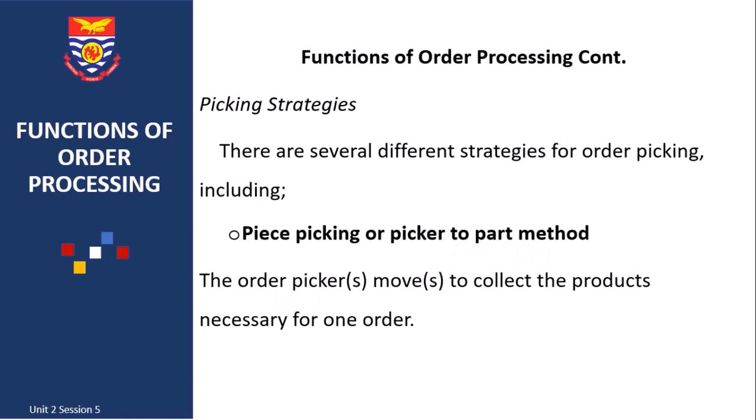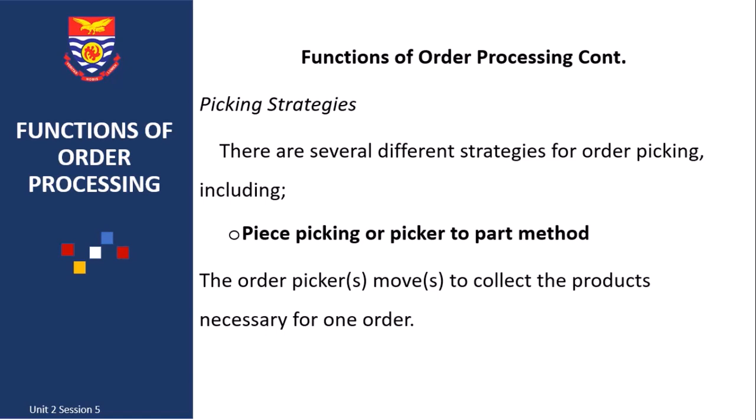So this method can be seen as, for example, where an organization or a warehouse receives 5 orders from customers. The piece picking method is such that for each picking activity, we have to pick complete orders for one customer.